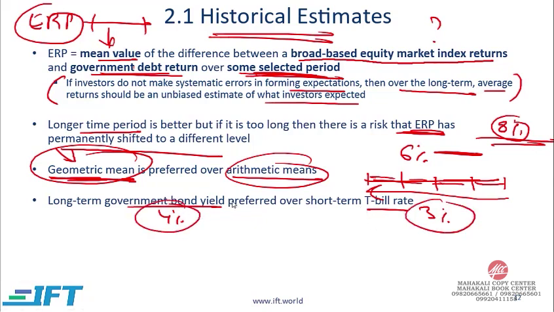You will find in textbooks both methods being discussed, but this particular reading prefers the long-term yield. The reason is that your equity investment is long-term. So practically speaking, it makes sense to match that long-term return with an underlying government instrument that also is of a relatively long maturity.